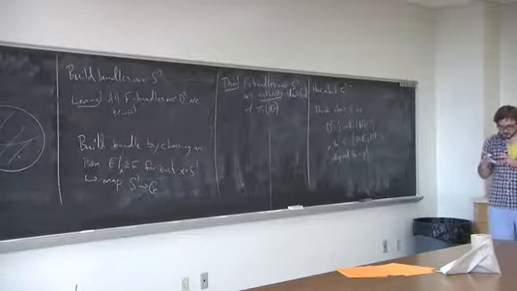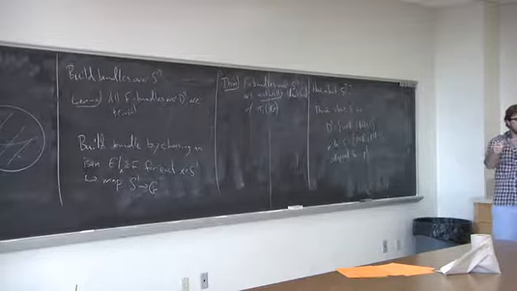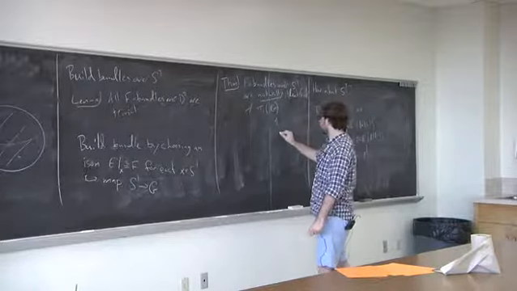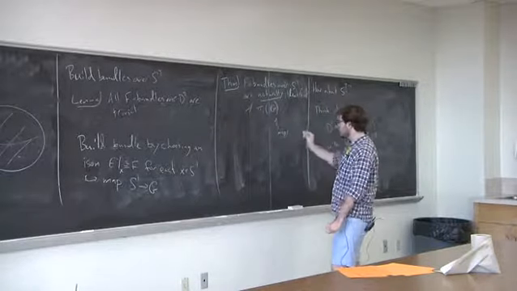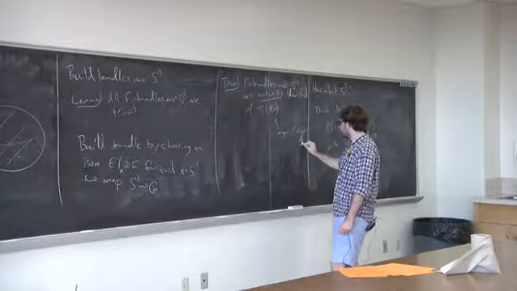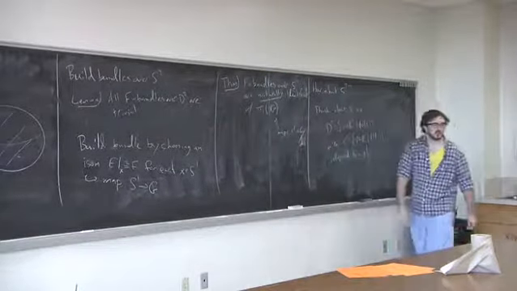But essentially what it means is maps of a circle, modulo homotopy, modulo moving them around. Okay? So this is maps S1 to G, modulo continuous deformation.